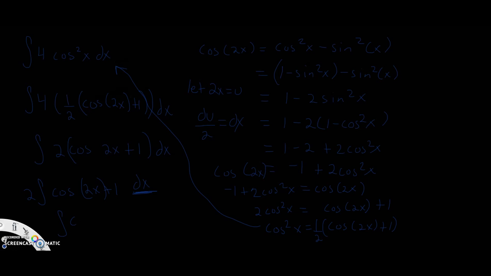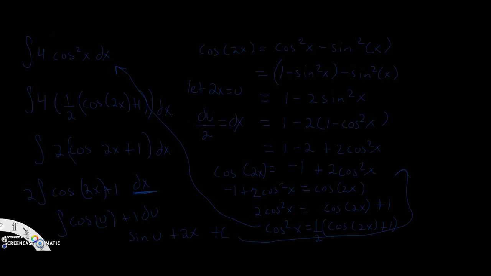So that's going to go away, and now you get cosine of u plus 1 du, and the antiderivative of this is going to be u, or in this case, sine u plus 2x plus c.